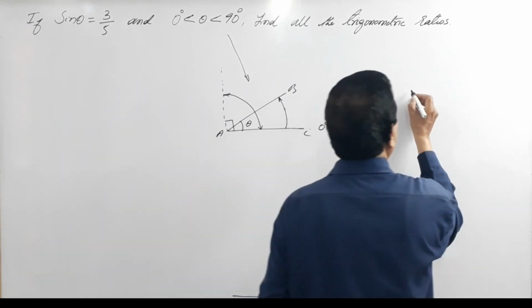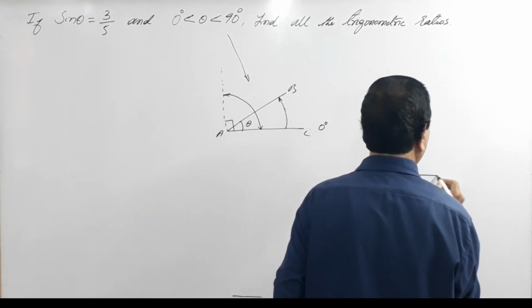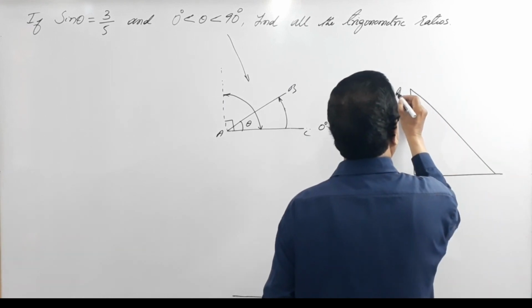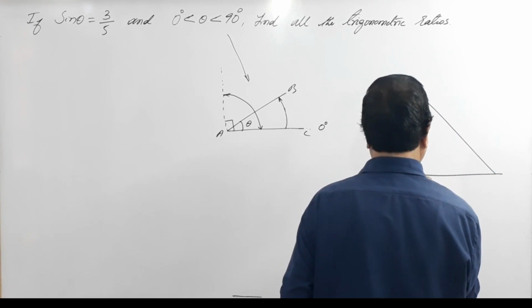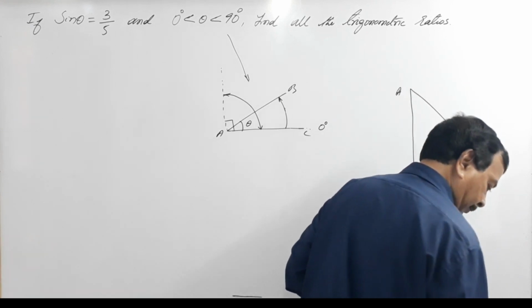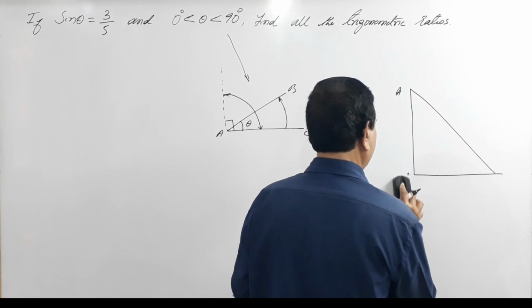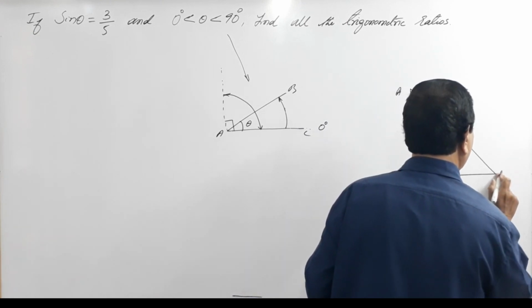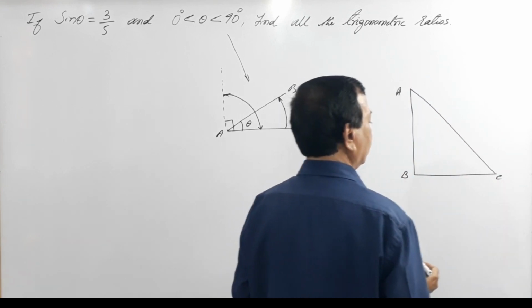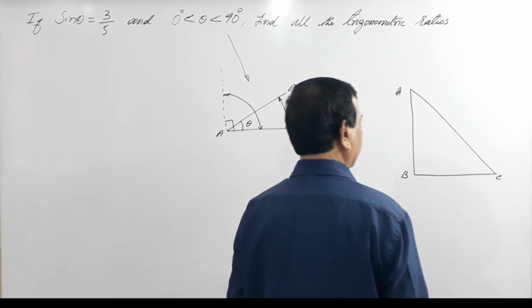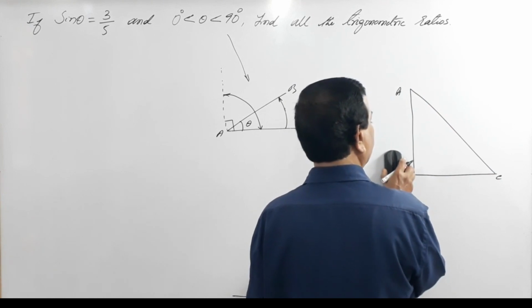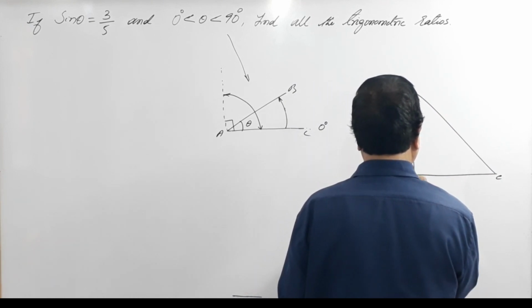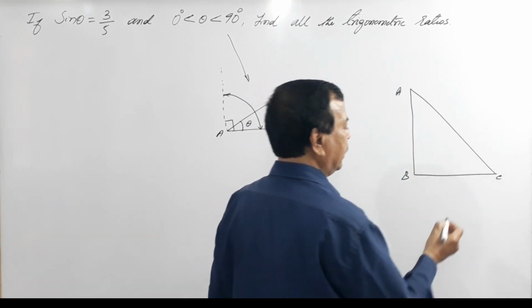So for that, what you have to do, draw a right angle triangle. I call this A, B, C. So angle C is theta.